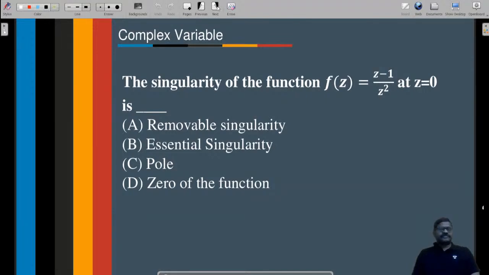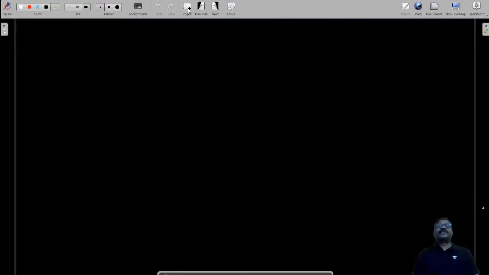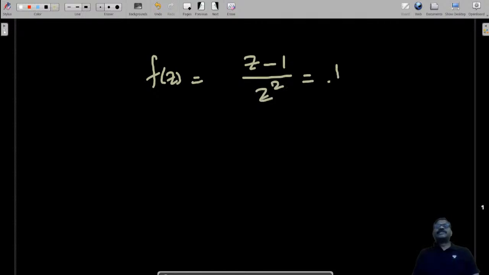Next problem. The singularity of the function f of z equal to z minus 1 by z square, that is z by z square is 1 by z, so we get 1 by z minus 1 by z square.